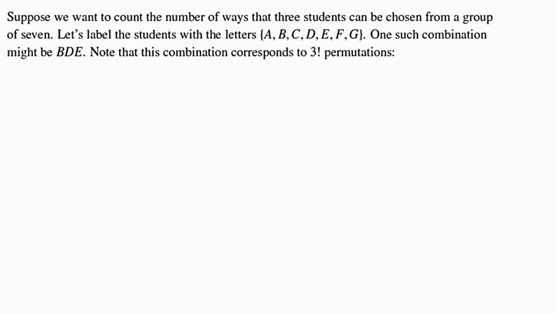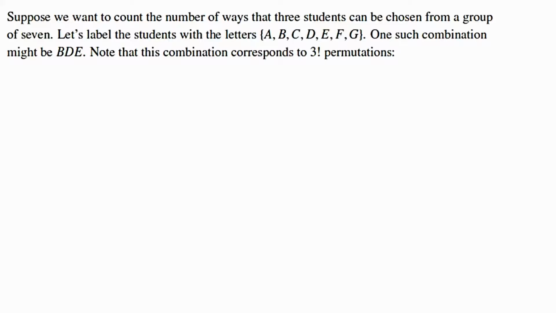Logically, you can have 3 factorial. There are 3 factorial ways of arranging this, but it's still under the B, D, E combination. Because I can rearrange this to have B, E, D, but that's still the same group of students. It's like me saying before, if I chose Michael, Jamie, and Rose, it doesn't matter what order I choose, it's still Michael, Jamie, and Rose. It's still the same combination.